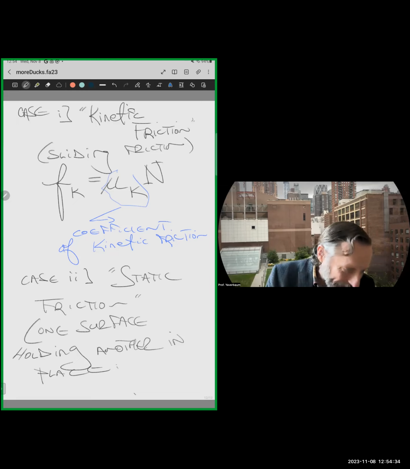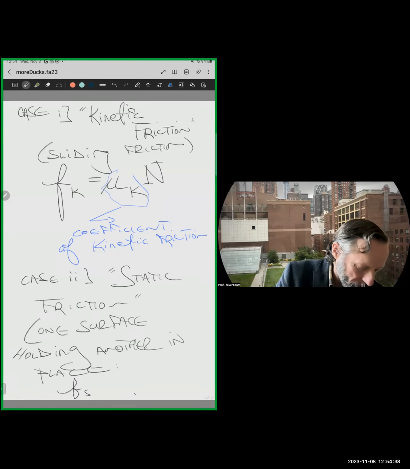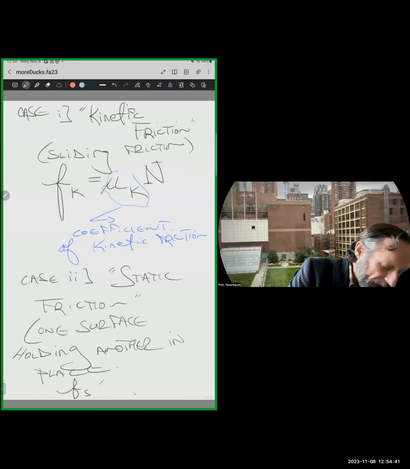And in that case, what's operating is something called Fs. The maximum that static friction can ever be is the coefficient of static friction times the normal.